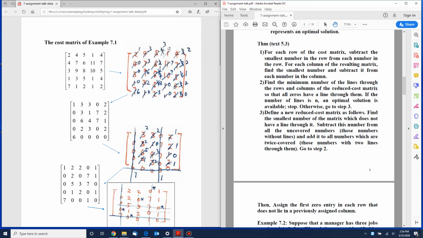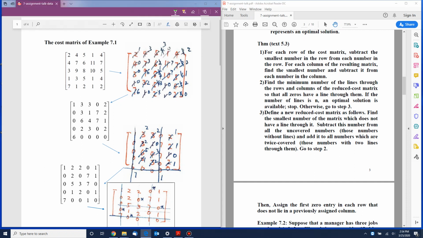So what we mean is, here you could see when I crossed these lines, we have some entries which are not covered by lines, right?